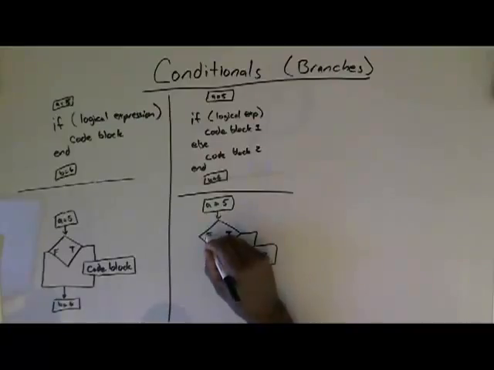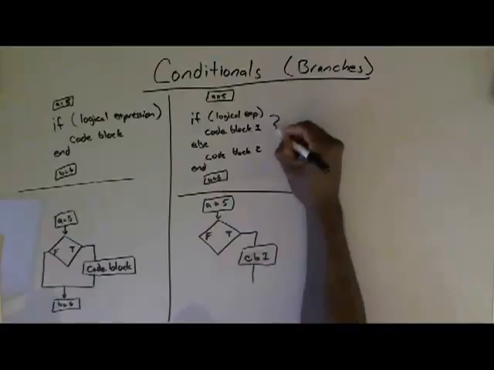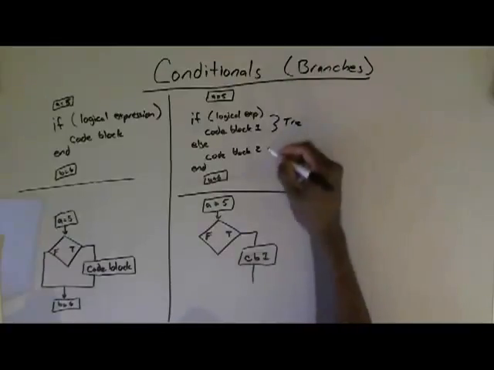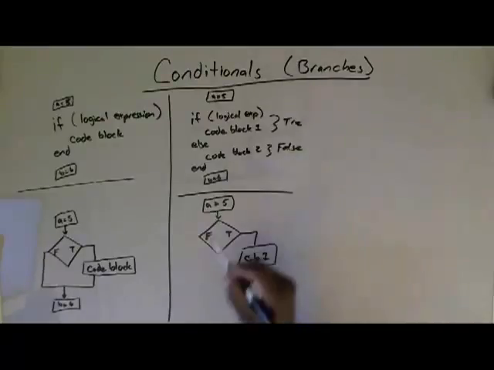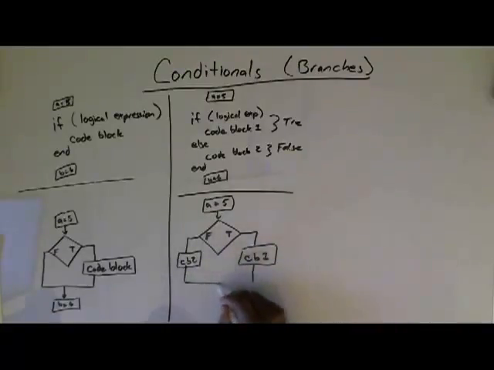Else, which means if it's not true, it is false. So this is the true part here, this is the false part here. If it's false, then branch over here. This is where the term branching comes from, and do code block 2. And then continue on with the next blocks of code.